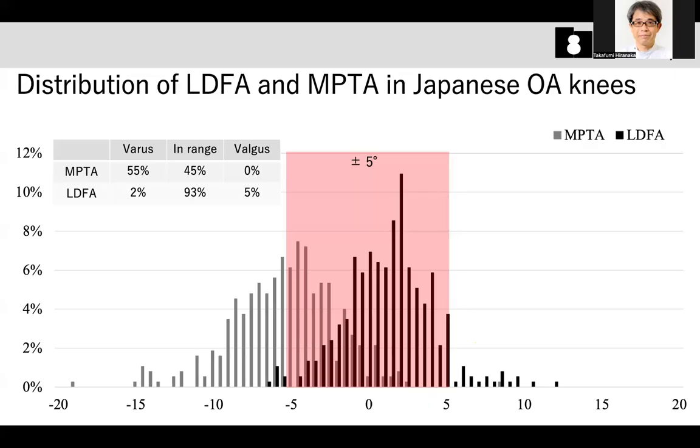What if we use a spherical patella design?